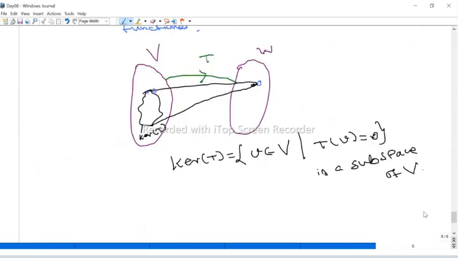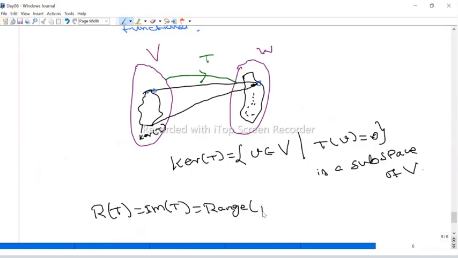Now what is the range? We are collecting the range space, that is, all the elements from V which map to some elements in the range. We define R of T, sometimes called image of T, Im T, or range of T. There are so many names.